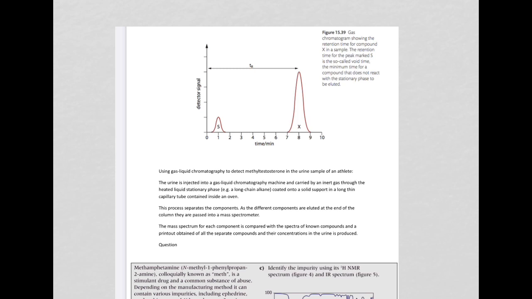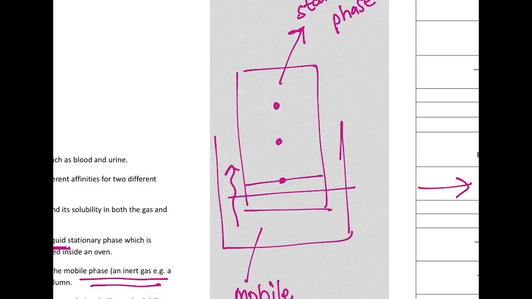This is an example of a gas chromatogram where X is a sample, and the area under the graph shows the intensity, the concentration of X, and the retention time will allow X to be identified because specific compounds have specific retention times, just like when we're doing paper chromatography. Different substances, different spots will produce different RF values. In the case of the gas chromatogram, we don't have an RF value, we have a retention time.